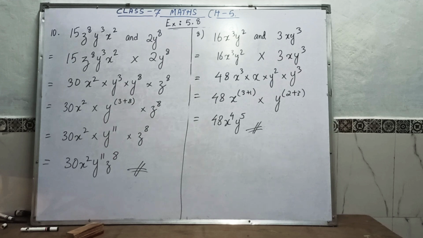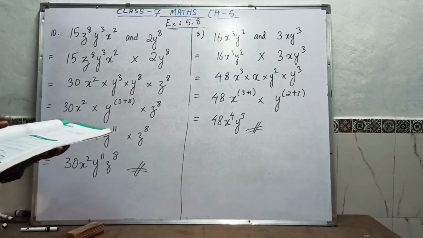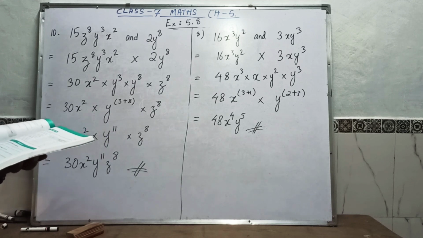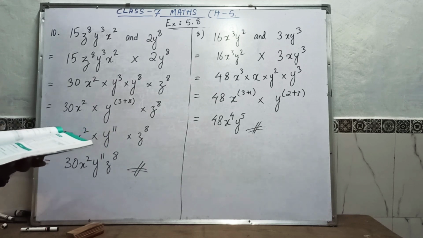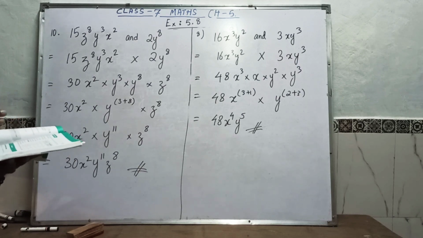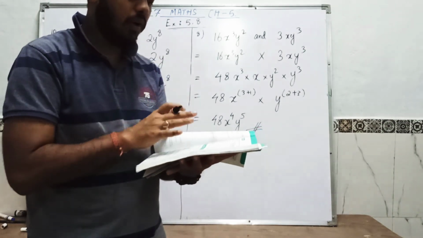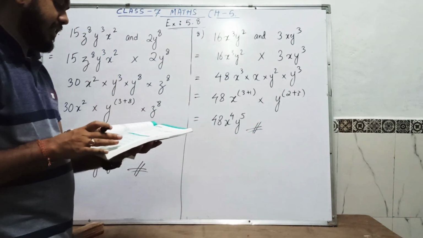Okay? So I'm giving you 3 to 4 days to complete this chapter written in your notebook. Understand the explanation. If you have any doubt, you can call my WhatsApp number anytime.